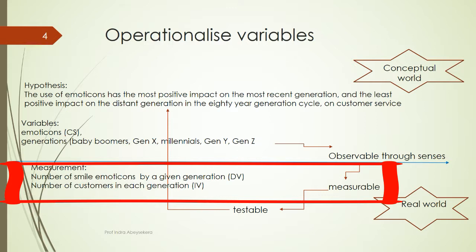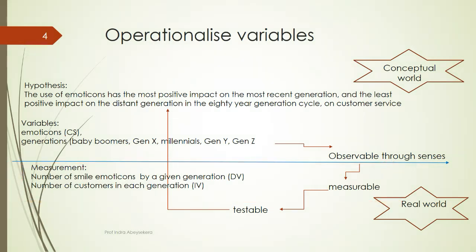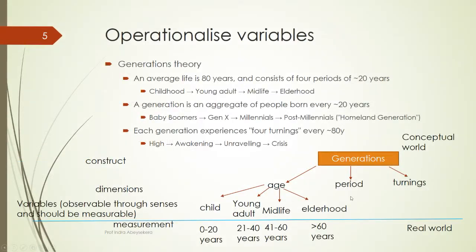And for the generations, we can use the number of customers in each generation. And we can look at whether there is a relationship. So the measurement attributes can be used to obtain numbers which can be tested as evidence to test the hypothesis in the real world.